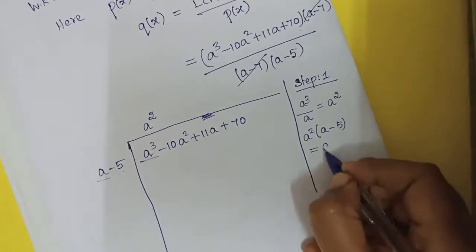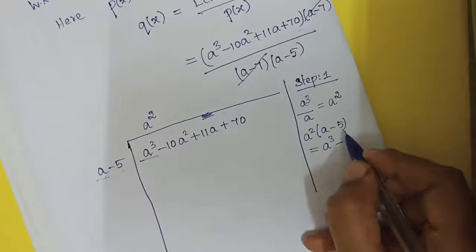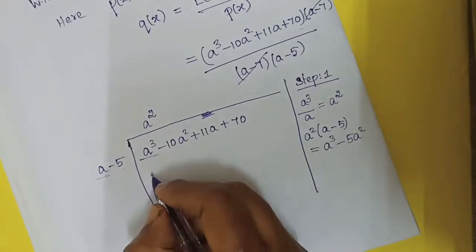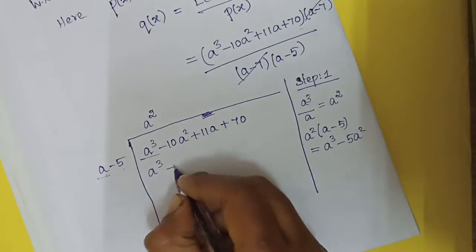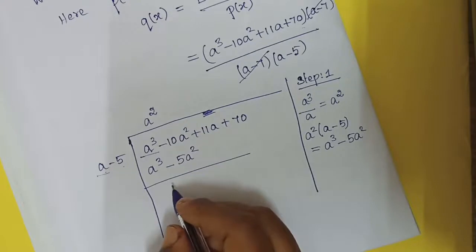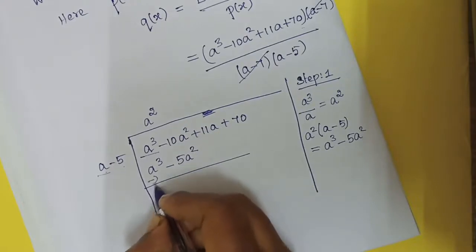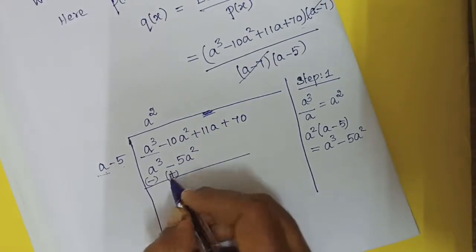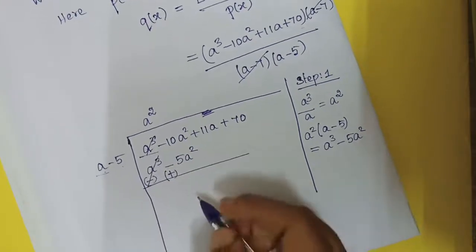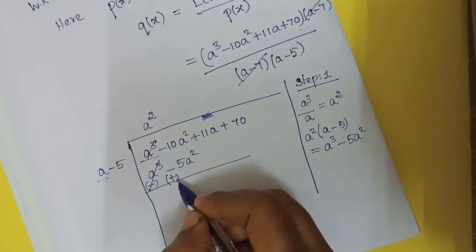A square into a cube minus a square into 5, 5a square. I am going to write here. So a cube minus 5a square. Now we need to change the sign. Correct. So minus, here plus. And a cube minus a cube get cancelled. So here minus 10 plus 5.